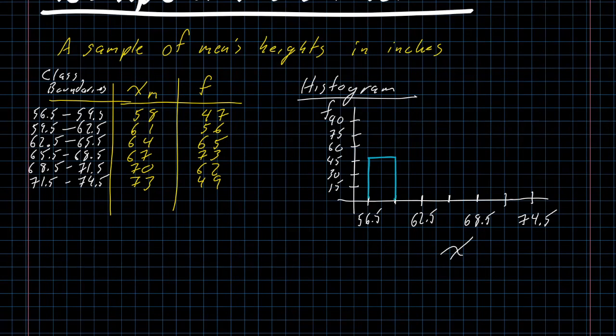Between 59.5 and 62.5, we had a frequency of 56, which is in the general vicinity of there. 65 is somewhere about here. 73 is right about there. 62 is here or somewhere thereabouts. And then 49 is something like that.